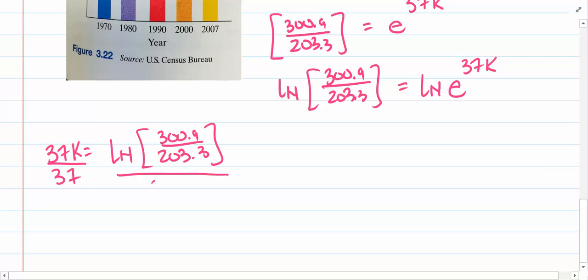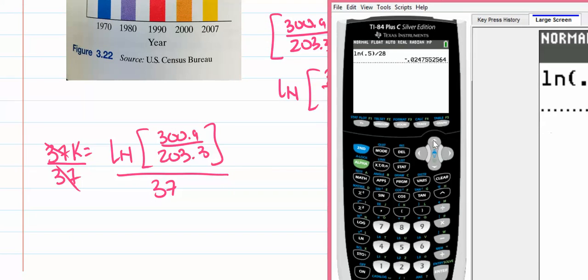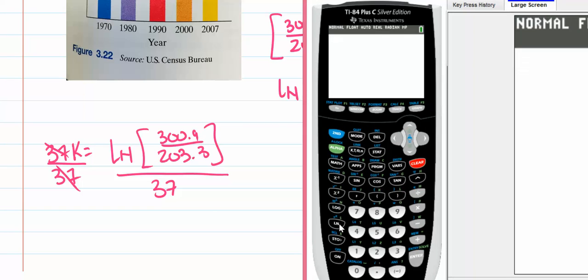And then this is where we get to actually use our calculator. So we'll bring our calculator up and clear everything out. If k is representing growth, should we expect a positive k or a negative k? It should be positive, right? So let me show you how to plug this in the calculator. You're going to go natural log of 300.9 divided by 203.3.